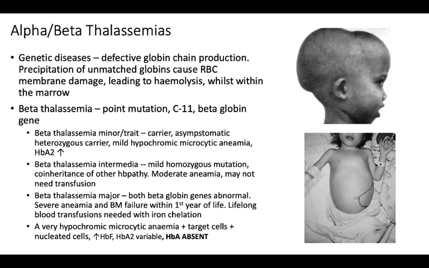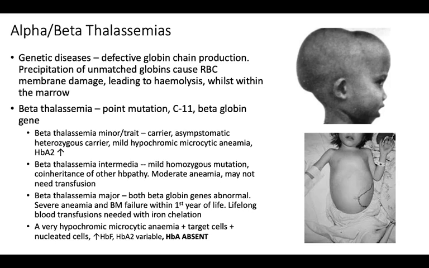So beta thalassemia is a disease that is a result of a point mutation in chromosome 11, which is where the beta globin gene is. Essentially, as a result of the mutation, you have a defective globin chain production.